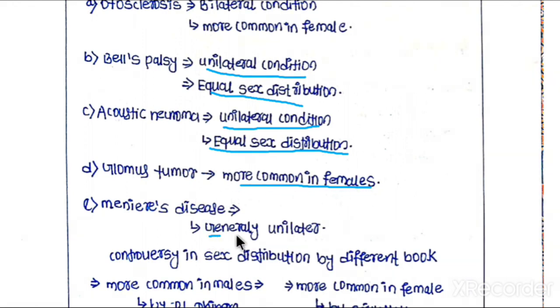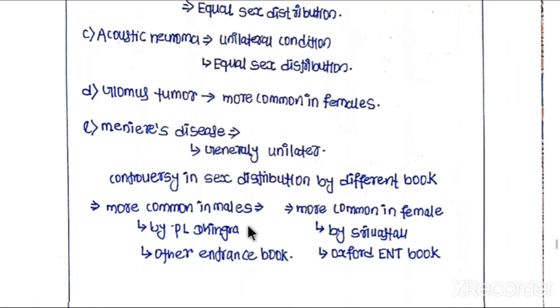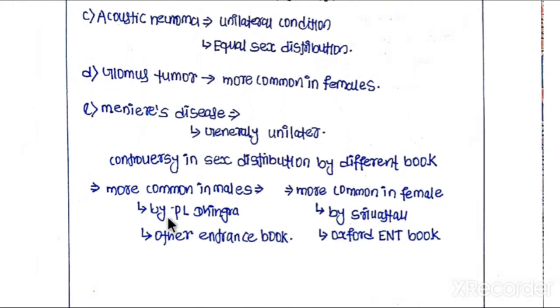Meniere's disease is generally unilateral, but there is controversy about whether it is more common in males or females. By the book of P.L. Dhingra and other entrance books, it is said to be more common in males, but by Nepalese writers' books like Srivastav and Oxford ENT book, it is more common in females.